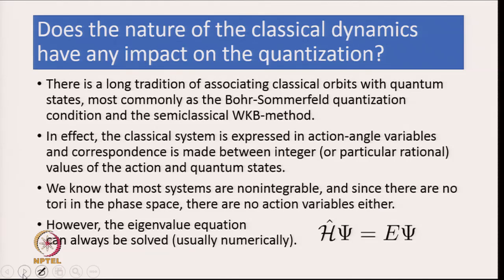and quantum mechanics. What is done in those cases is that the classical system is effectively expressed in action angle variables, and correspondence is made between integer values of the action, or specific half integer values, or some other cases, and specific quantum states.